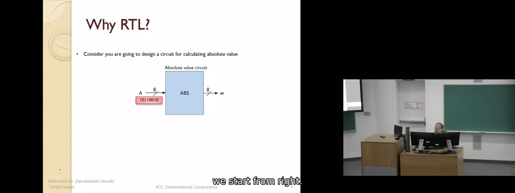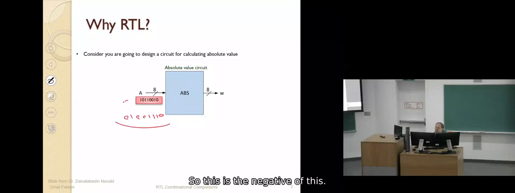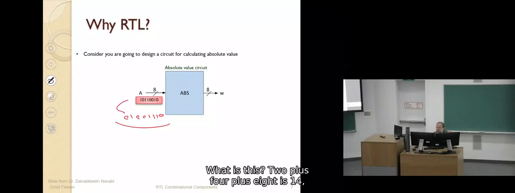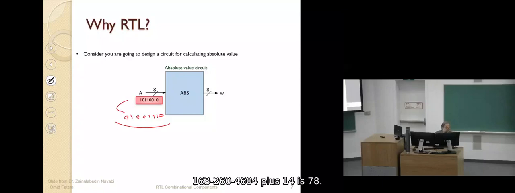To make the 2's complement, we start from the right. We keep the 0, we keep the first 1, and then invert everything: 1, 1, 0, 0, 1, 0. So this is the negative of this. And what is this? 2 plus 4 plus 8 is 14, 16, 32, 64. 64 plus 14 is 78.